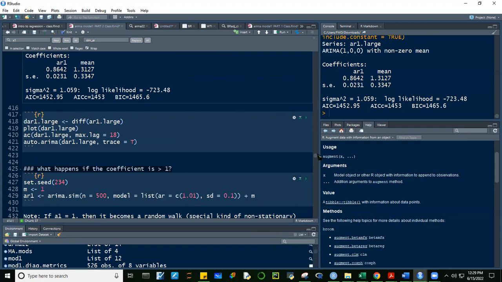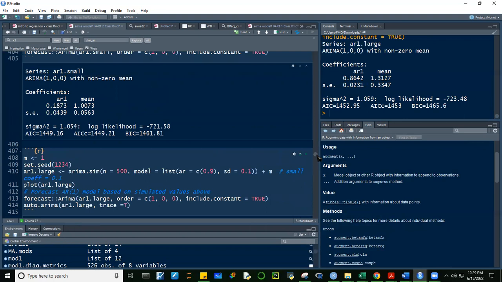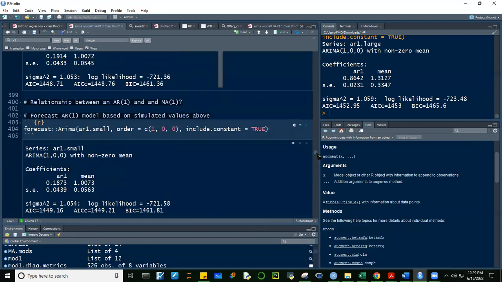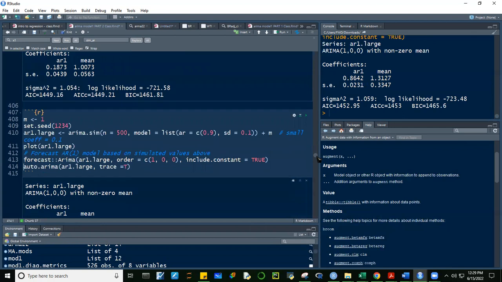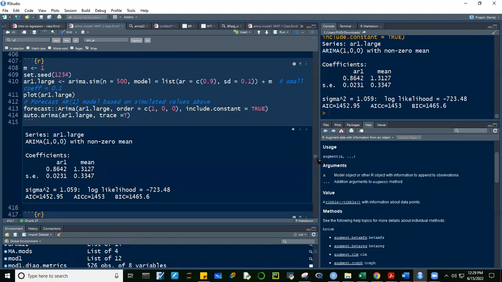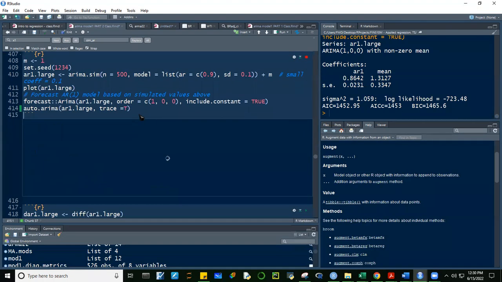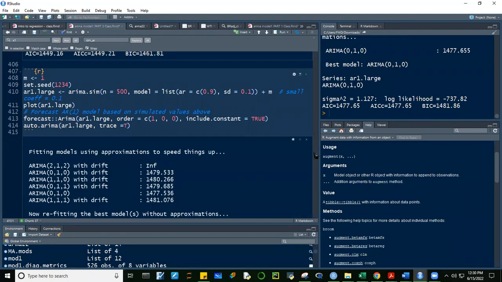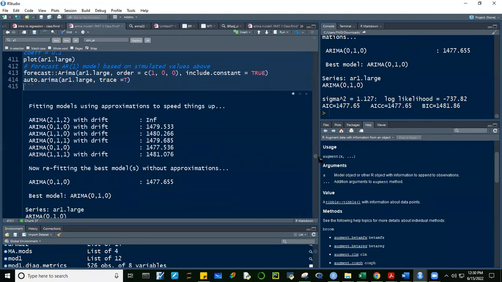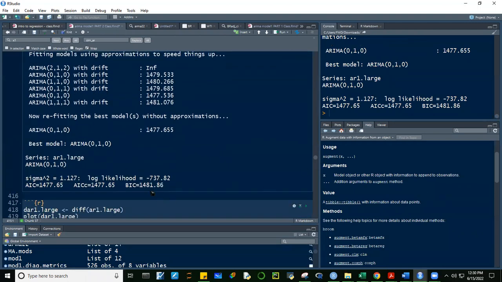Pero pag nag-auto.arima tayo, ang suggestion niya is difference, 0,1,0, and then the Akaike is higher, 1477. So medyo may conflict dito, guys.